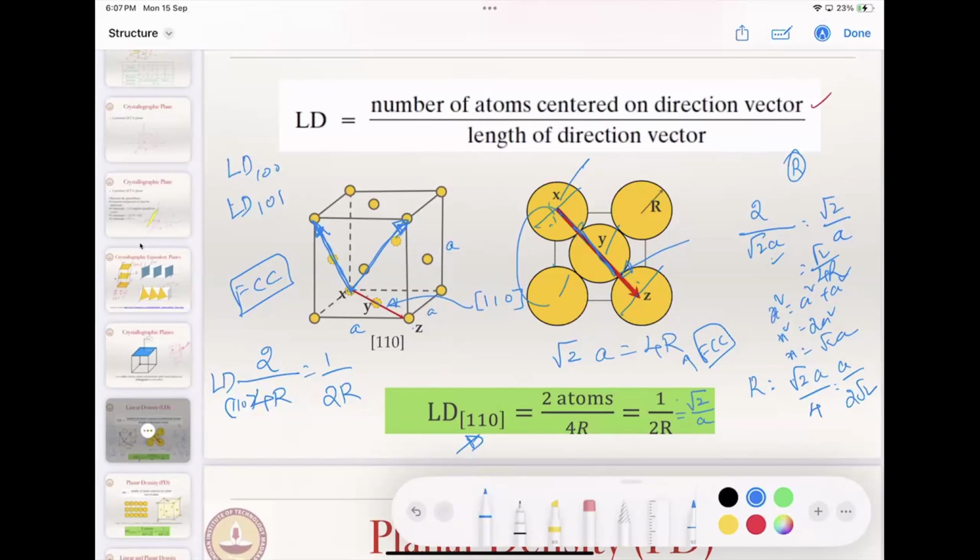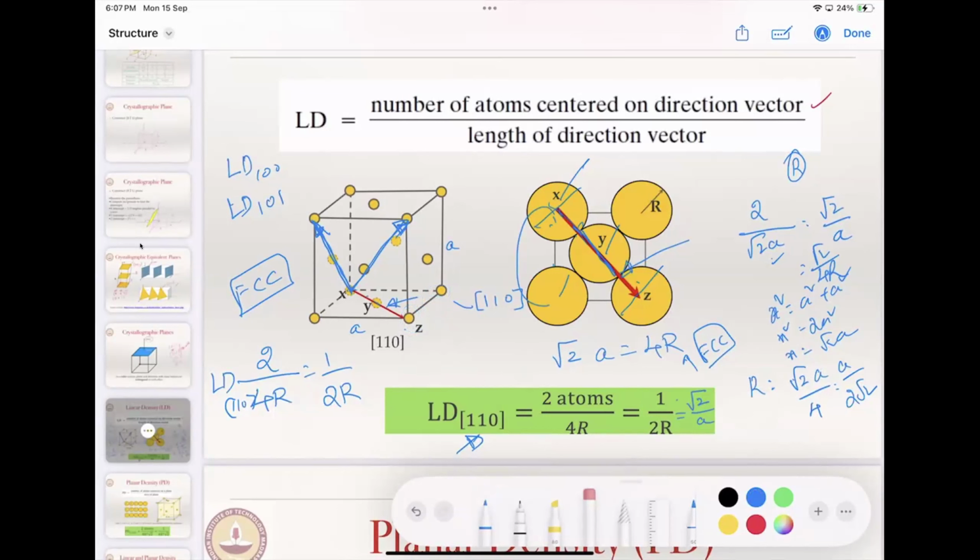So the linear density on the 110 direction in FCC is 1 by 2r, but that will not be the same in BCC. In BCC, these two atoms will be touching. So the crystallographic direction linear density depends on the crystal structure.